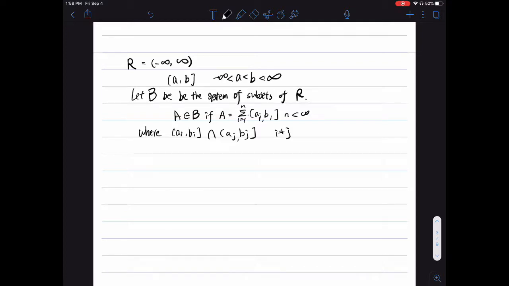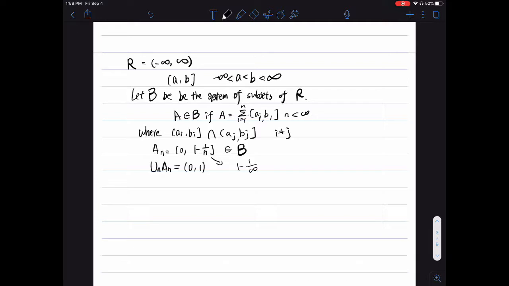For example, if we have a set A_n that has the following form, (0, 1 minus 1 over n], of course it belongs to the set B. But if we take a countable union of such intervals, the union of A_n where n goes from 1 to infinity, that actually gives us the open interval (0, 1), because the maximum you get here is 1 minus 1 over infinity, which can be thought of as an open endpoint for the open interval (0, 1).